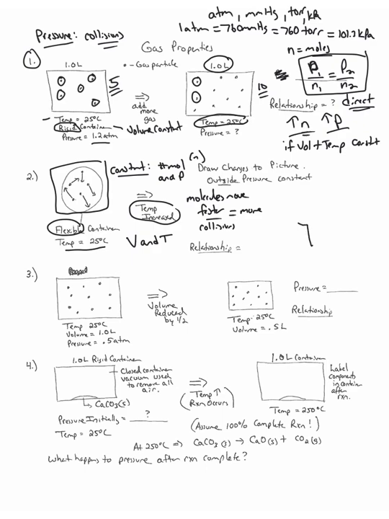So the balloon is going to get bigger because the average molecules of the gas, I'm going to draw it as a larger arrow because the molecules are moving faster on average. So because the arrow length is longer, it's traveling faster, they're going to collide more often, and that's going to cause the balloon to increase in size.